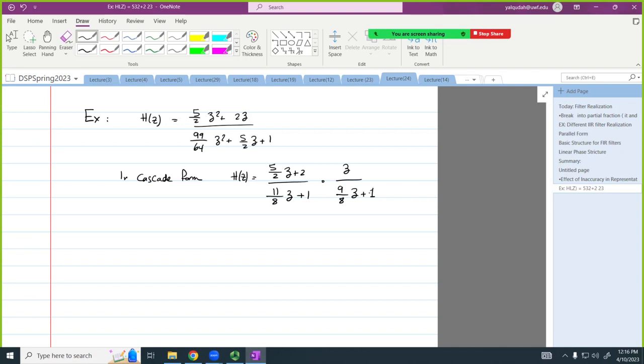Again, just taking these two and multiplying them together, we're going to get the original transfer function.